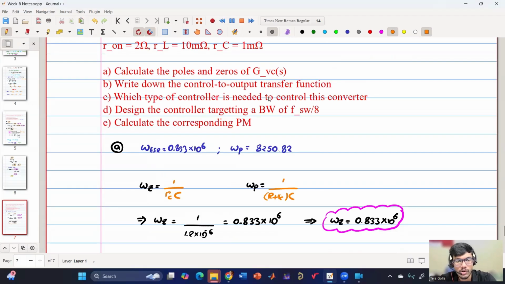We have also written the controller transfer function. So which type of controller is needed to control this converter?